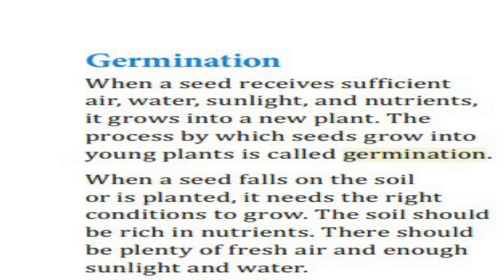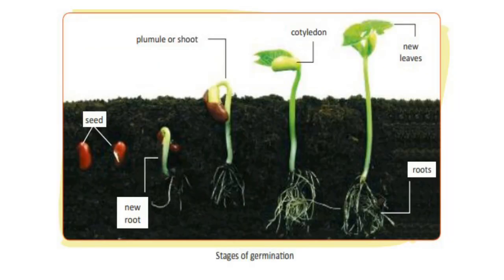When a seed falls on the soil or is planted, it needs the right conditions to grow. The soil should be rich in nutrients. There should be plenty of fresh air and enough sunlight and water. So, what are the important factors to germinate the seeds? These are air, water, sunlight and nutrients.